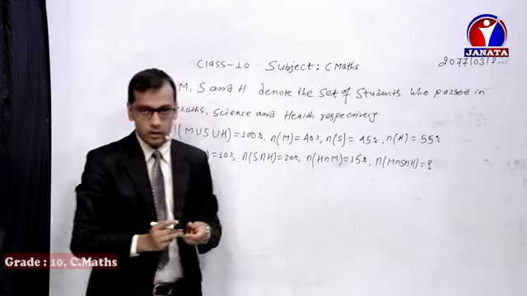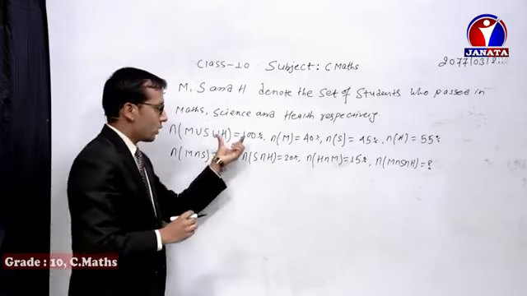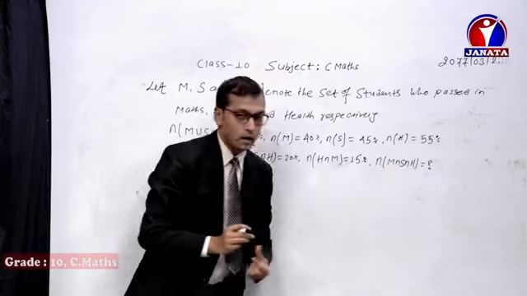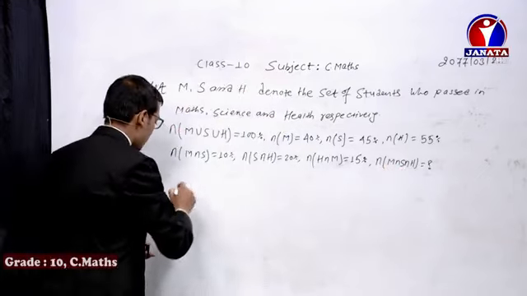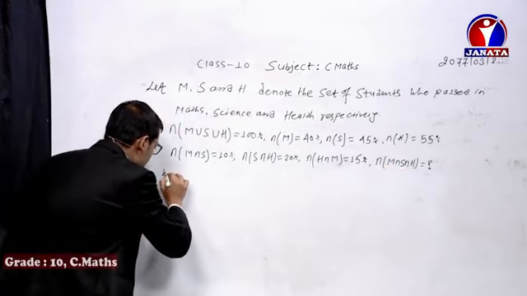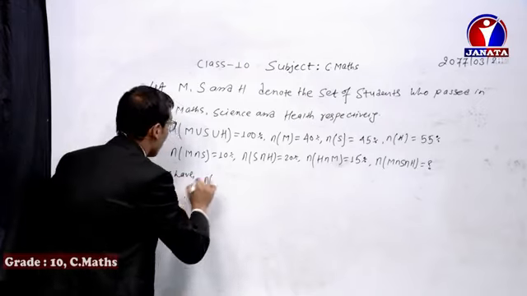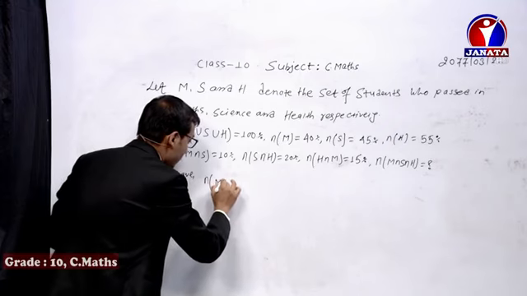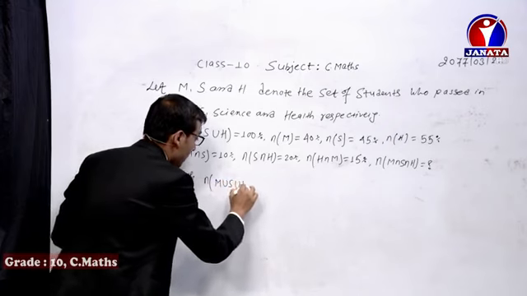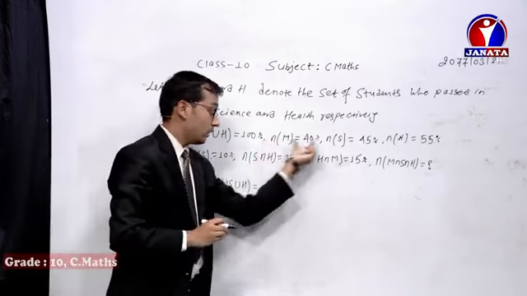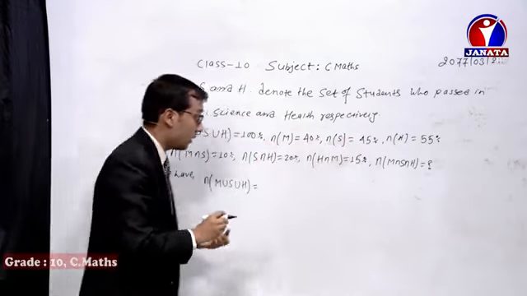This is asked of us. We have a formula to find n of the intersection of all 3 sets. We have n of M union S union H. First of all, we add n of M, n of S, and n of H.